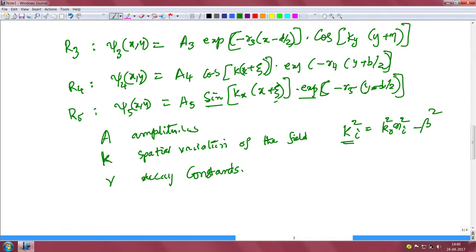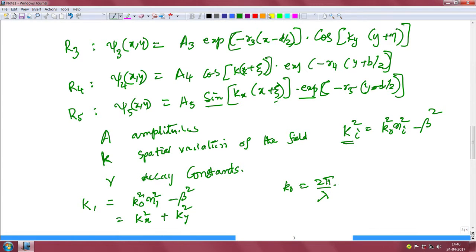So, in particular the oscillatory constant K is important in the region 1, and we would like to call it K0 square n1 square minus beta square, where K0 is 2 pi by lambda, and which can be expressed in terms of Kx square and Ky square.